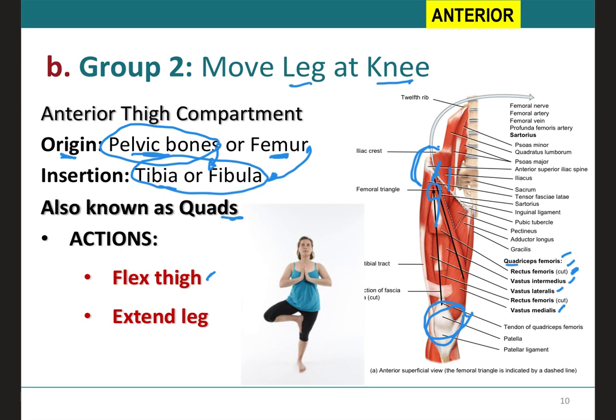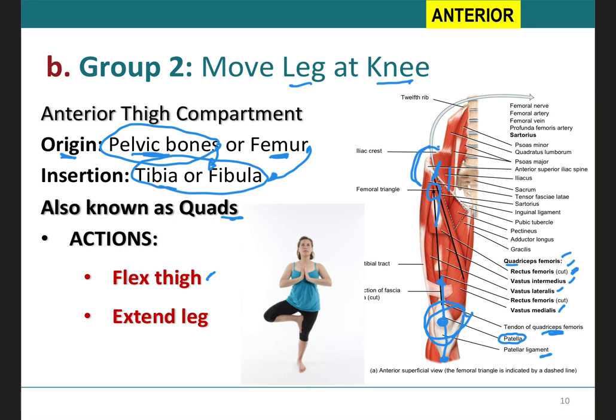In fact, all four muscles will come together to form the tendon of the quadriceps femoris that will encase the patella in the middle, right over there, and it will continue as the patellar ligament to insert right over there on the tibial tuberosity. And by doing that, once it contracts in this direction, it will extend the knee. So it will make your knee become straight or back to an anatomical position.